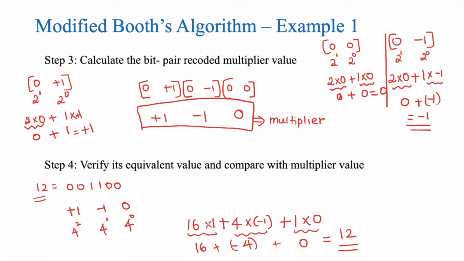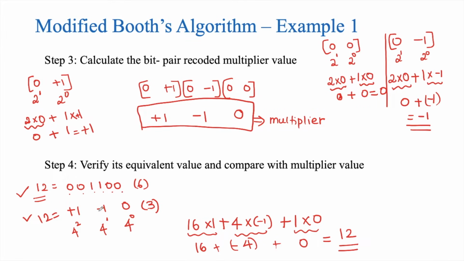Therefore, the recoded version plus 1 minus 1 0 is also equal to 12. Now both are correct. But check out how many bits you have. 1, 2, 3, 4, 5, 6. Instead of 6 bits, how many bits do you have here? 1, 2 and 3. So we have reduced the number of multiplier bits.